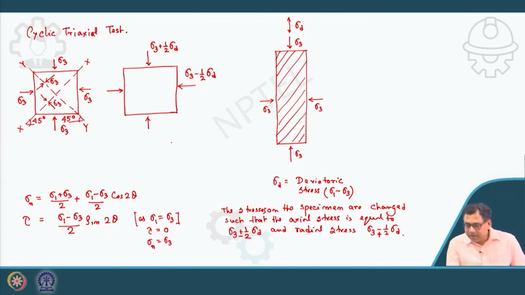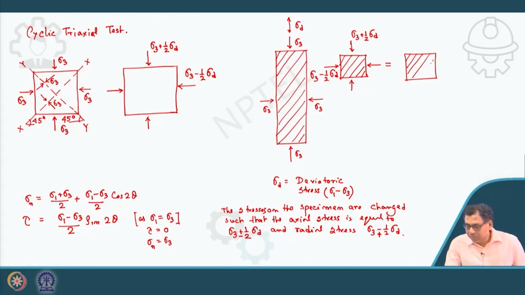So this is my case 1, where the stresses are sigma 3 plus half sigma d and sigma 3 minus half sigma d. Now, how is the load applied?